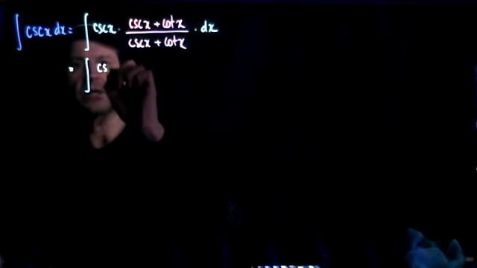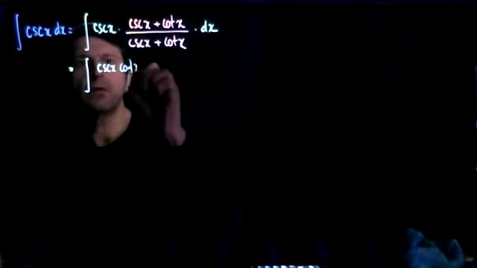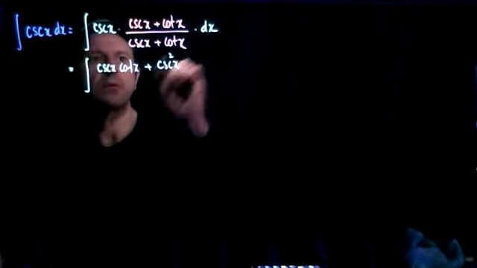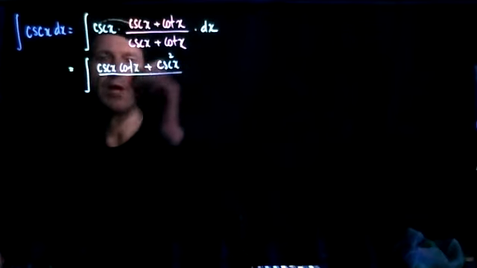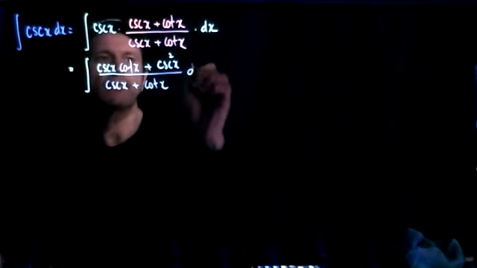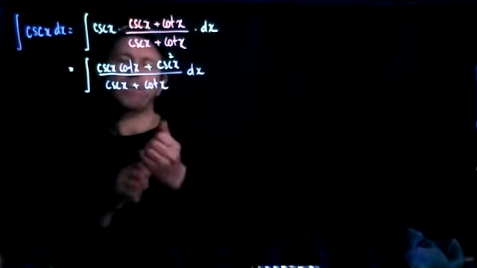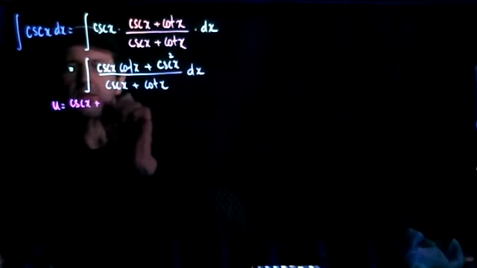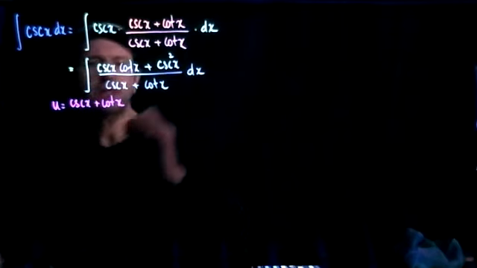So this becomes the integral of cosecant times, so I have cosecant x cotangent x plus cosecant times cosecant squared, and on the bottom I have cosecant plus cotangent dx. So my substitution is direct again. u equals cosecant x plus cotangent x.